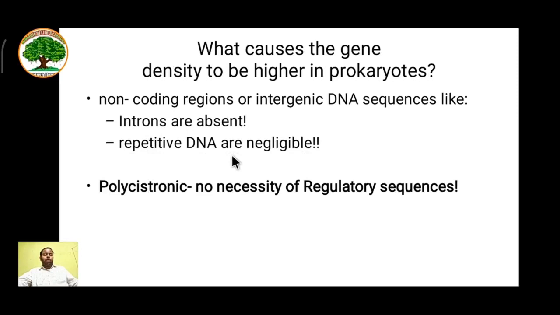In eukaryotic cells, there is lots of repetitive DNA sequence present, but in prokaryotes there is negligible repetitive DNA sequence. And one more thing, there is a presence of polycistronic genes. So 2 or 3 genes will be fused together in the form of operons in a prokaryotic cell. So for 3 to 5 genes there will be a presence of regulatory sequences. So it will reduce the load on different genes.